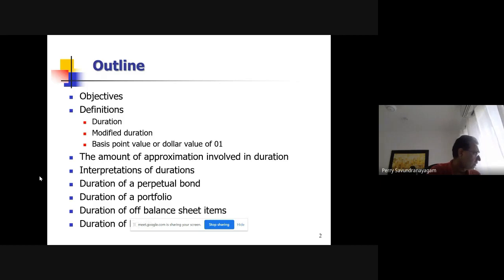So if I were to tell you I bought a 5-year bond, what is the duration of that bond? What is the information you need to understand the duration of that bond? I said I bought a 5-year Treasury bill. What's the question you will ask me then?